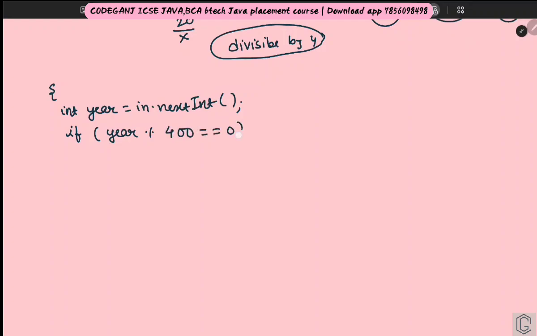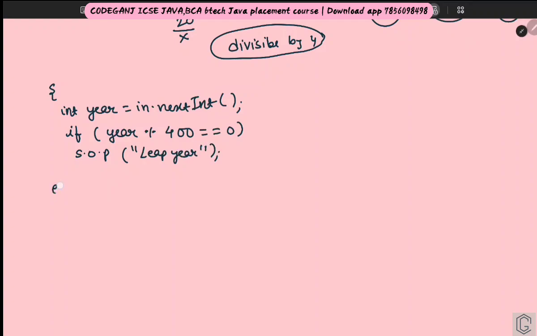And for divisibility we have to use mod. Because suppose 16 is divisible by 2, it means the remainder will be 0. If anything is divisible by anything, the remainder is 0, right? And how do we get the remainder? By modulus, correct? So you can write: if my year is divisible by 400, then I print that it is a leap year.